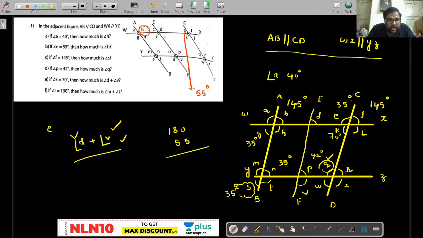Now your angle R is given as, it is clumsy, I'll write down here, angle R is given as 130 degrees. Then how much is angle M plus angle T is the question asked. Now I think you can answer this. So what I will do is I will erase these things, right?